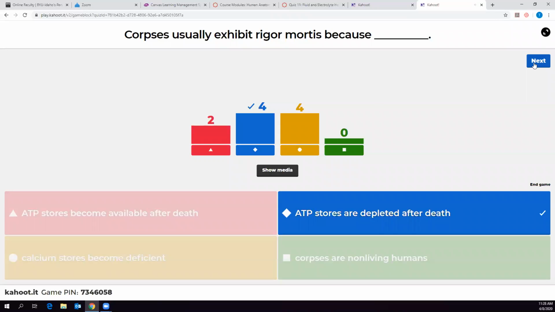The myosin is going to bind to the actin, and then it's not going to let go. Remember, in order for a myosin to let go of an actin, another ATP has to come in. So if you're dead and you don't have any more ATP, then the muscles will stay contracted, like a cramp.